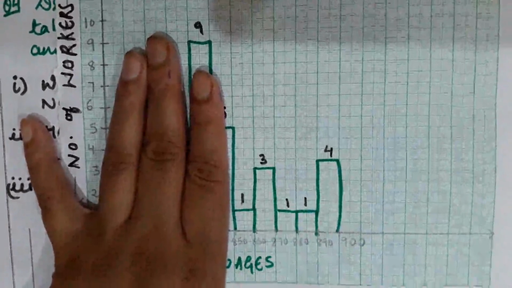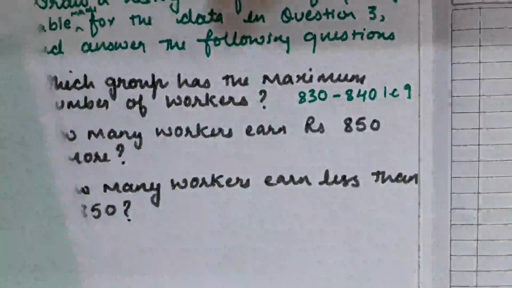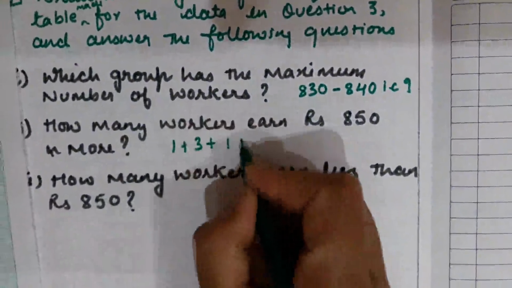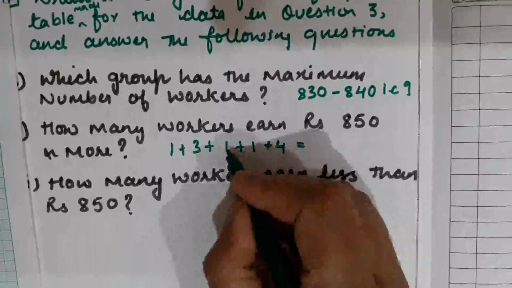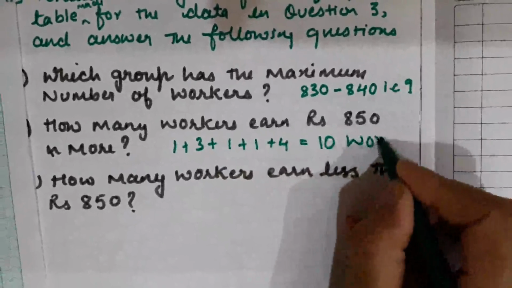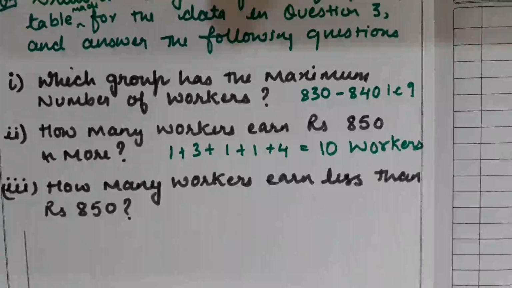So 1 plus 3 plus 1 plus 1 plus 4. It gives you 5, 6, 7, 8, 9, 10. So 10 workers are getting 850 or more in wages. In this way you can answer the question.